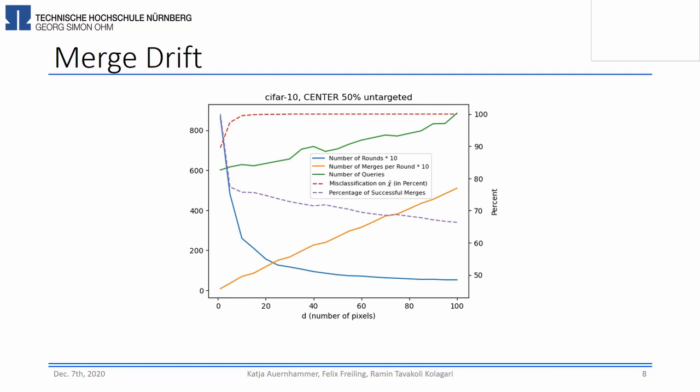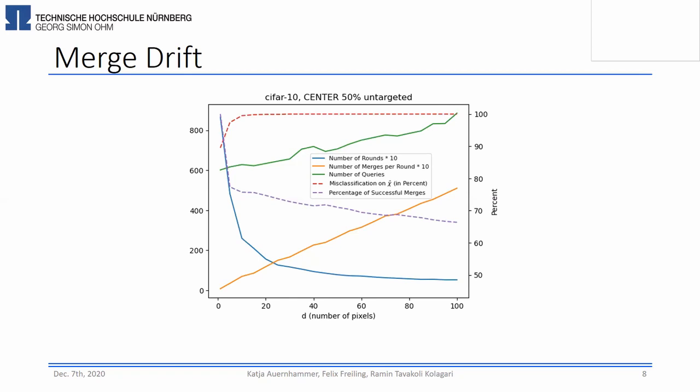Important are the two dashed lines. One is the purple line that starts at 100%. The dashed lines refer to the right axis. With D is 1, we start at 100%, which makes sense. We only merge images that really contribute to a smaller probability for the true class. Then it decreases steeply before it flattens.